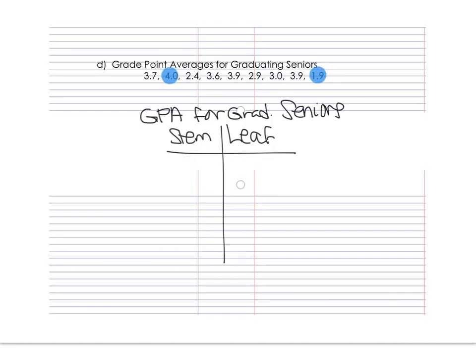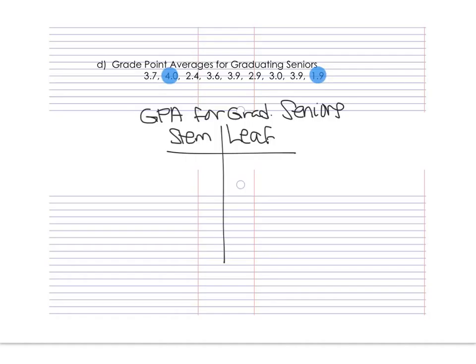If I take a look at 1.9, this last digit, which happens to be in the tenths place, is going to be my leaf, leaving the 1, which is in the ones place, to be my stem. So the last digit of every single number here is in the tenths place, and that's going to be my leaf, leaving all my numbers in front of the decimal point, really the ones place, that's going to be my stem.